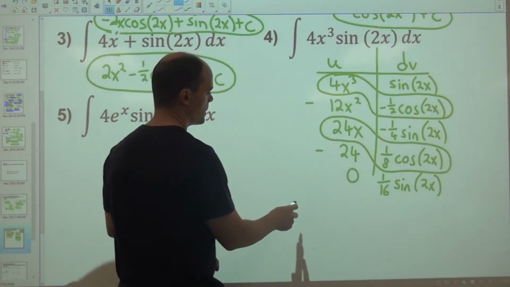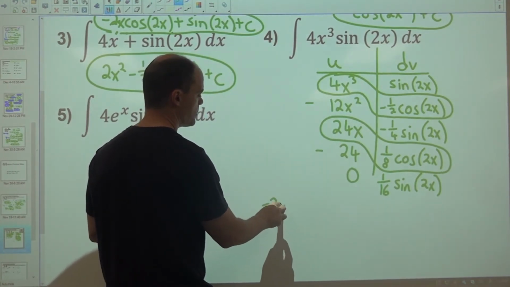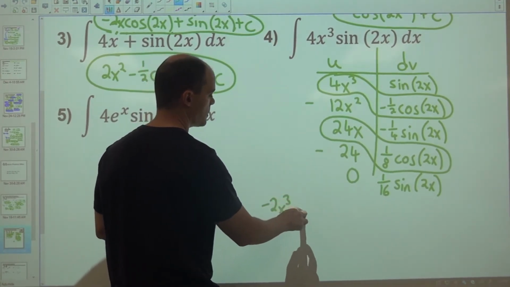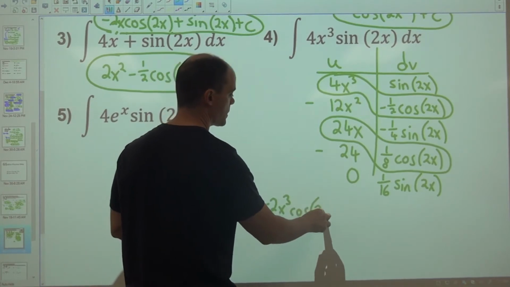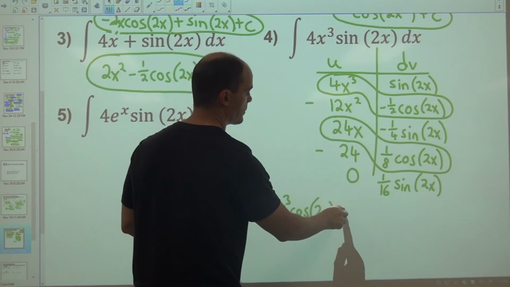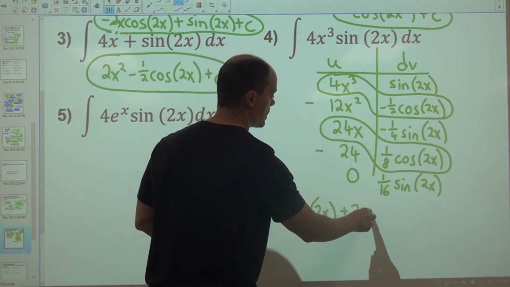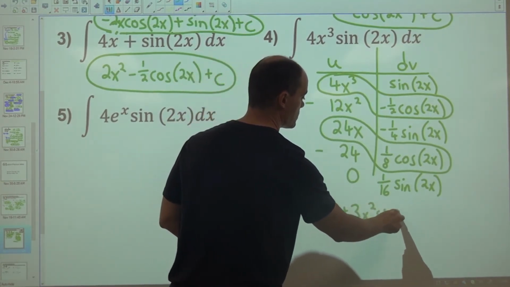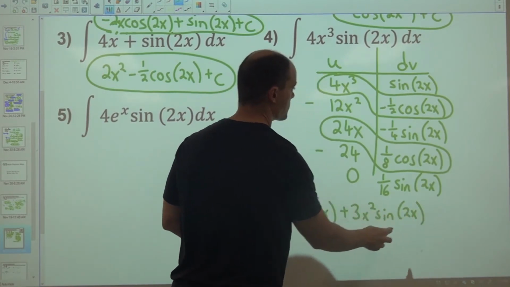So half of 4, I'm going to end up with negative 2x to the third cosine 2x. This will be negative, negative will become positive, and I'll end up with 3x squared sine of 2x.